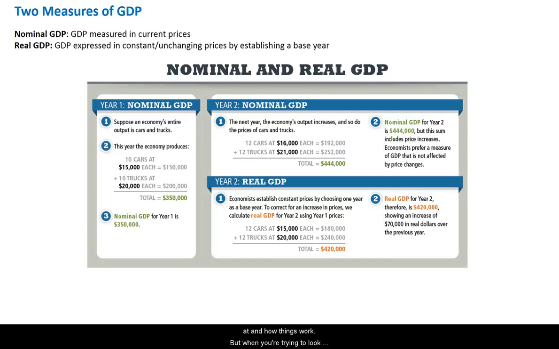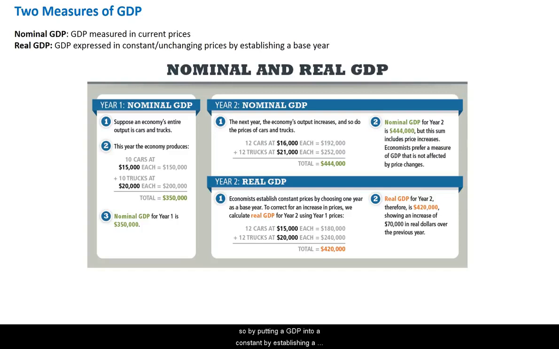But when you're trying to look at GDP and adjust for things like inflation, or to compare, let's say, 1970 to 2017, you're going to have very different variables in the economy. Maybe we don't produce the exact same things in 2017 that we did in 1970, and there's a different size workforce and these sorts of things.